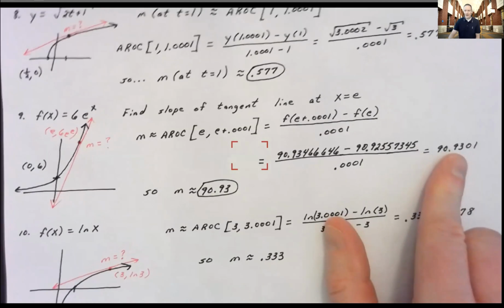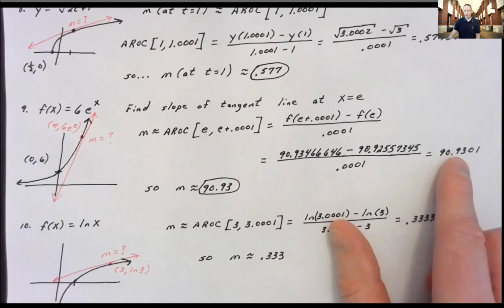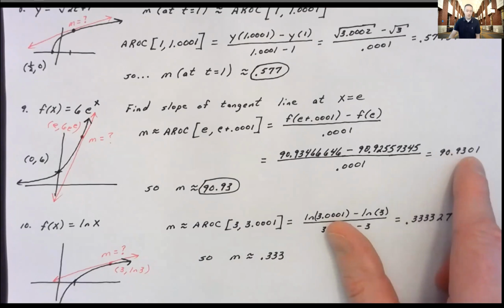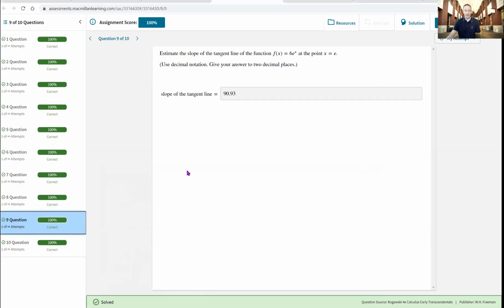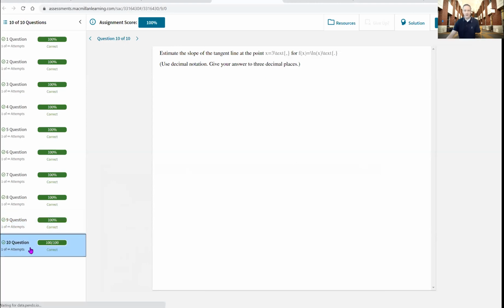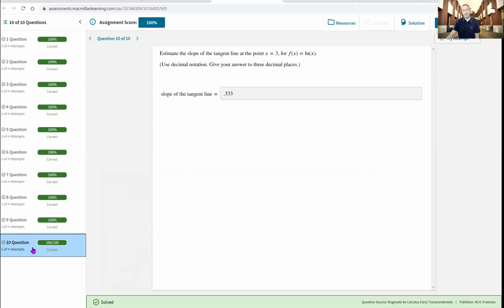Now, when I see that that answer is 90.9301, I know the system is wanting the answer to 3 decimal places. I can say, well, then to 3 decimal places, I might as well just say it's 90.930. And if that's the case, it's better just to put 90.93. And that's what they wanted. Oh, actually, they just wanted 2 decimal places there anyway.